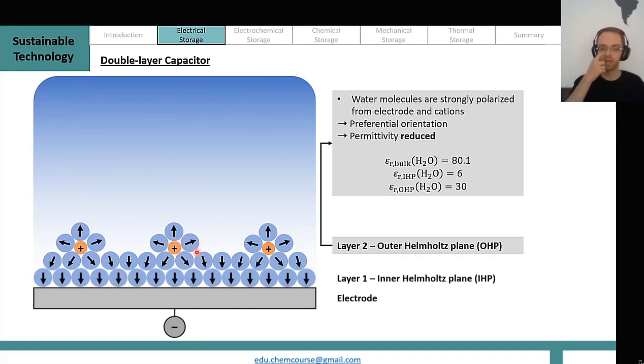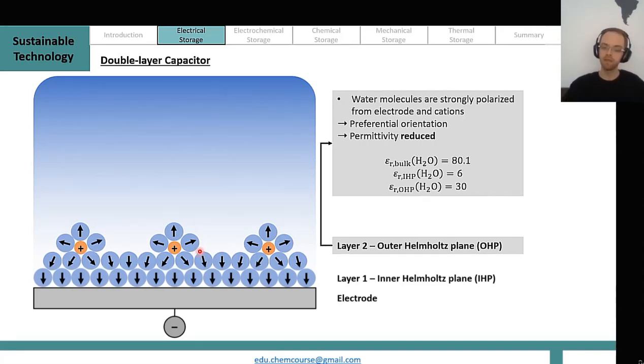Notice that the arrow is orienting away from the positive charge, as these partially positively charged hydrogen atoms want to orient away from the positive charge, because as we've learned earlier, positive charges repel each other.